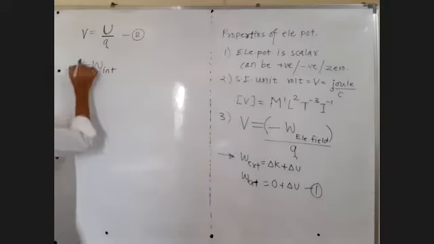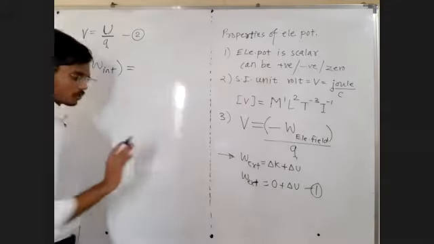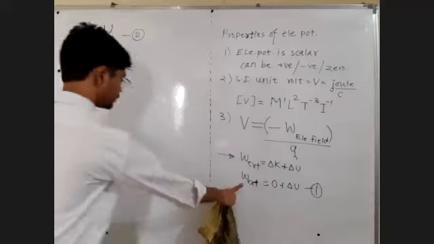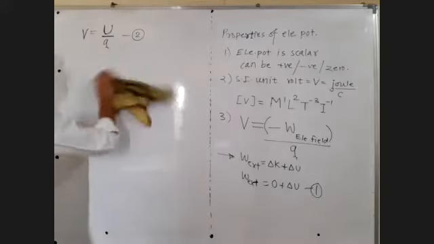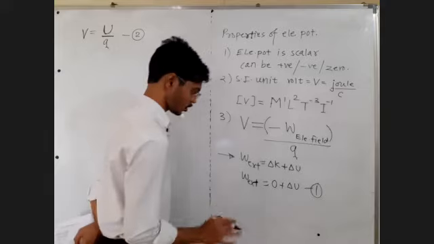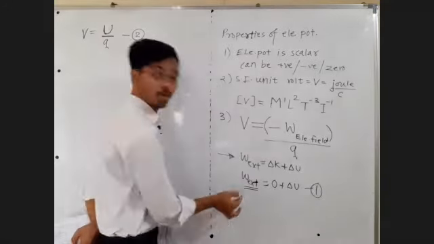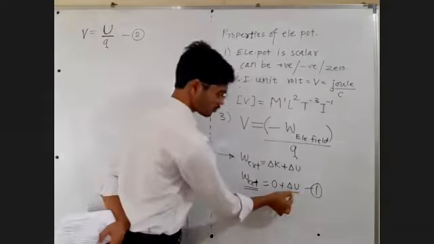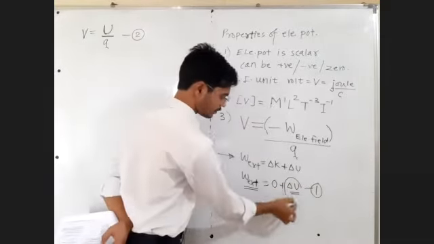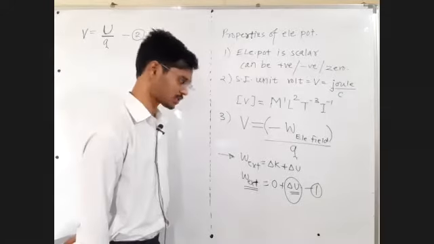So minus W internal is equal to... here you can observe that this entire work done is going to be changing potential energy, and that is attributed to the internal forces existing in the system.